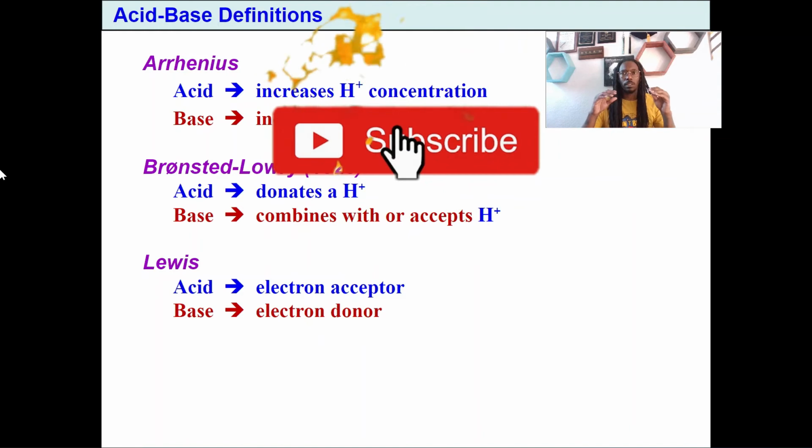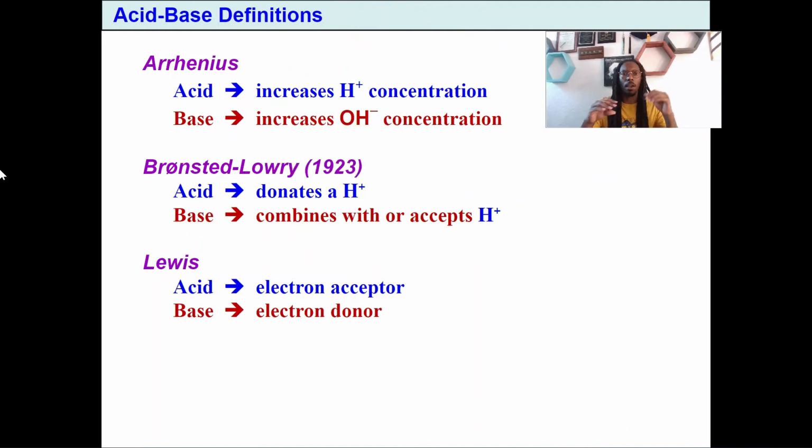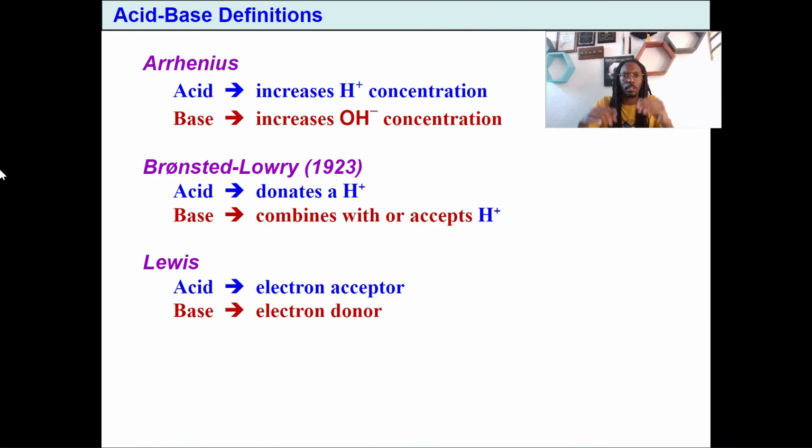That's a key difference between Brønsted-Lowry and Arrhenius. Arrhenius is super specific: you've got to have H+ or OH- ions, and you've got to be in an aqueous solution. With Brønsted-Lowry, we open that up a little bit. Now we're saying either you donate or you accept. That's how we know you are an acid or base.